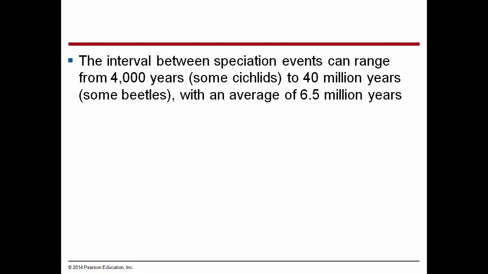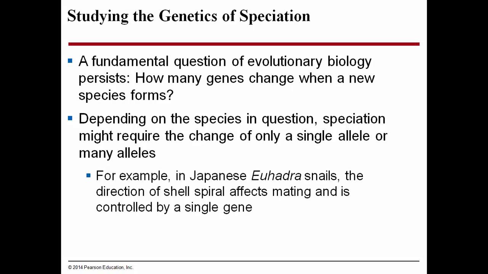But across all plants and animals, the average is about 6.5 million years. So it takes a considerable amount of time for species to become distinct.